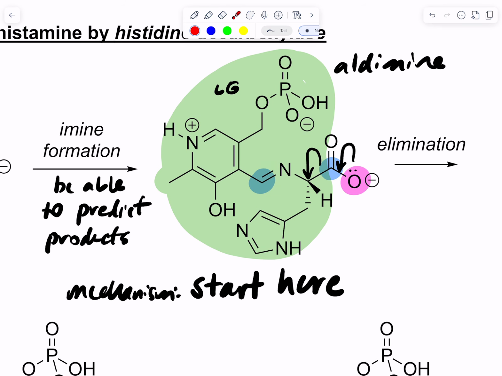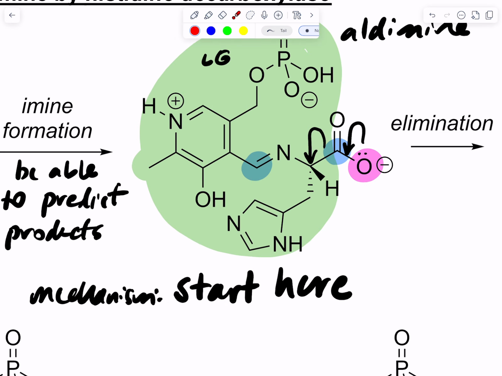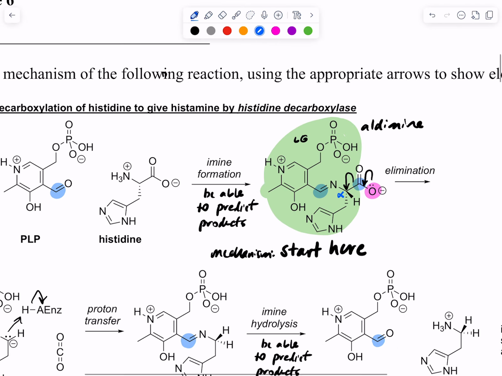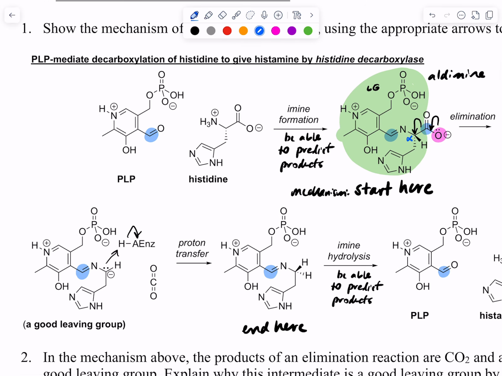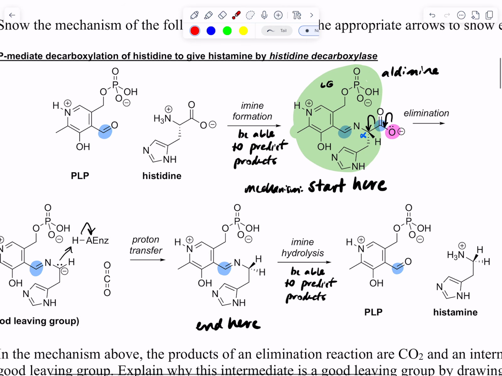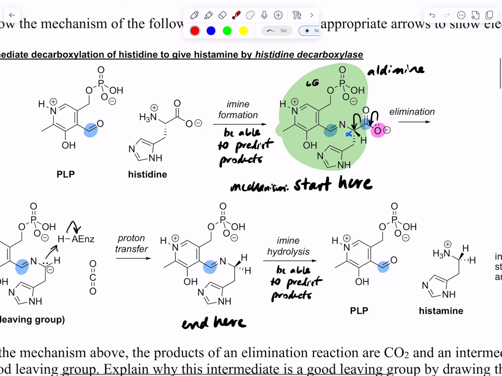So the negatively charged oxygen on the carboxylate is kicking down to eliminate the leaving group, and the electrons from that carbon-carbon bond are going on to what we have called the alpha carbon. And then, of course, afterwards, we protonate on the alpha carbon. That gets us to this neutral molecule, and then imine hydrolysis gets us to histamine and PLP. Okay, questions about that?